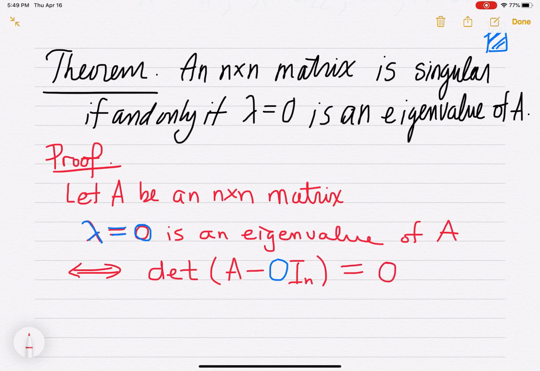Normally we say determinant of A minus lambda I equals 0. Here I'm letting lambda be 0, because 0 is supposed to be an eigenvalue. Now what does this do? 0 times the identity is the 0 matrix, so you have determinant of A minus the 0 matrix equals 0.